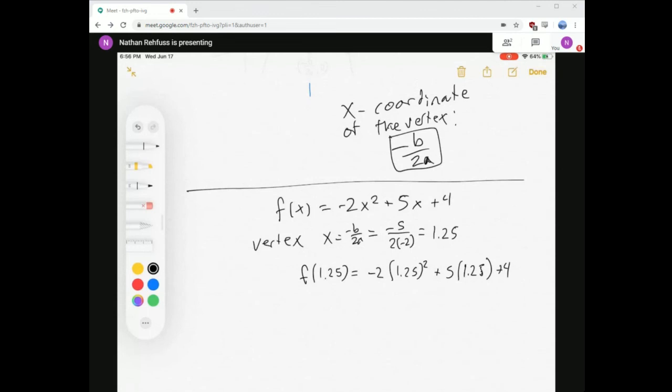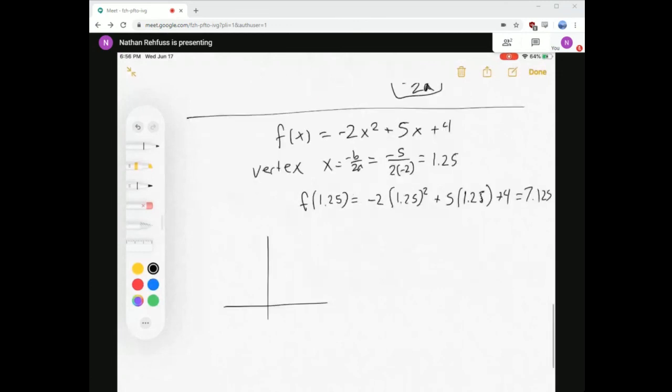Turns out, might as well use a calculator here, that happens to be 7.125. So now when I'm graphing this guy, just like that, I can put the vertex at 1.25, comma, 7.125.